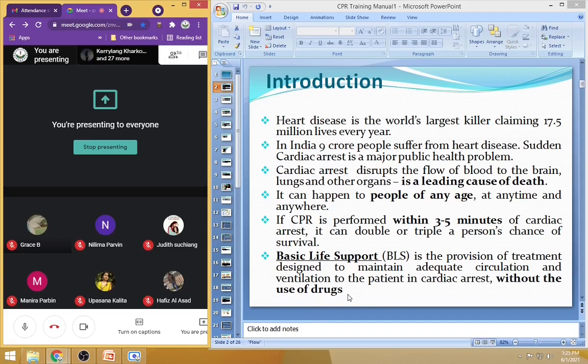This is somewhat like first aid. Here we will not use any medication or drugs, but we will try to maintain adequate circulation and ventilation till medical aid reaches the spot or takes over the patient.